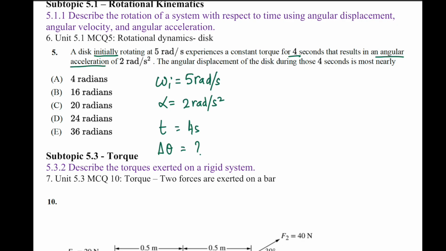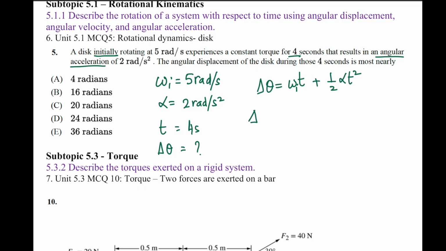So we have to choose one of the kinematic equations which can be used with the data given to us. The one I'm going to use is delta theta equals omega I t plus half alpha t squared, which is initial angular velocity multiplied by the time, plus half alpha, the angular acceleration, t squared.